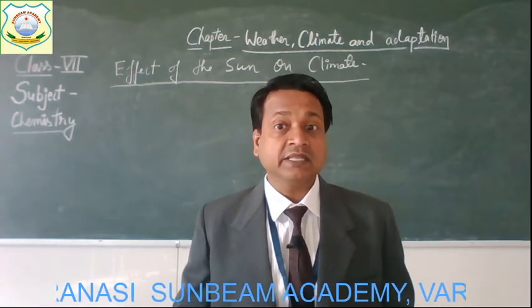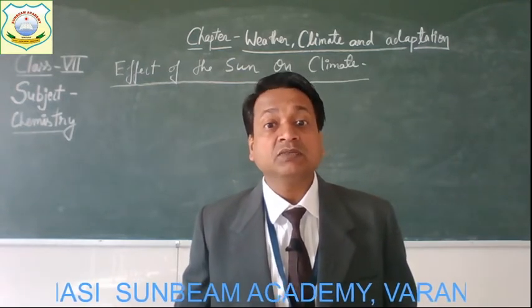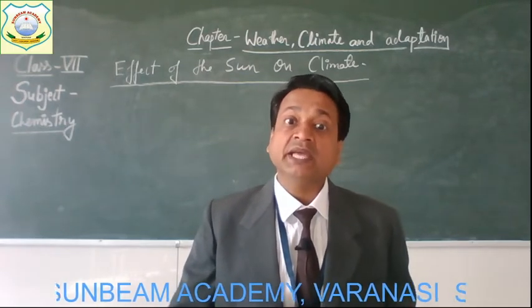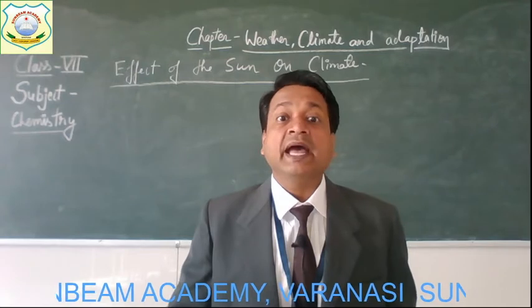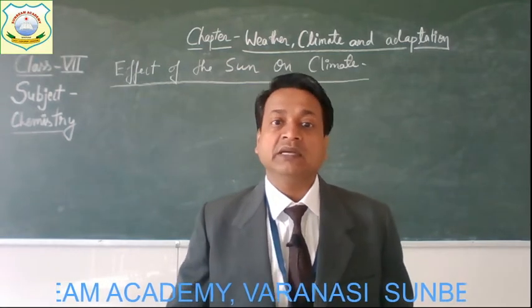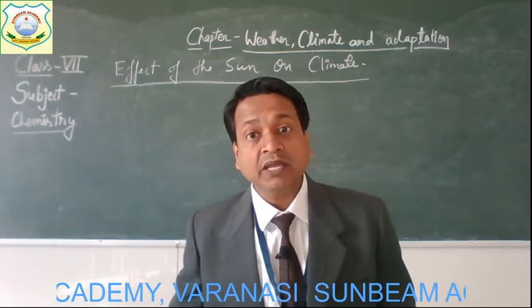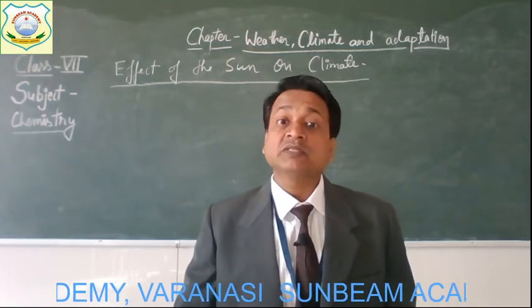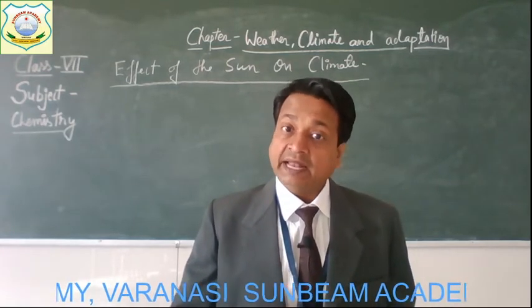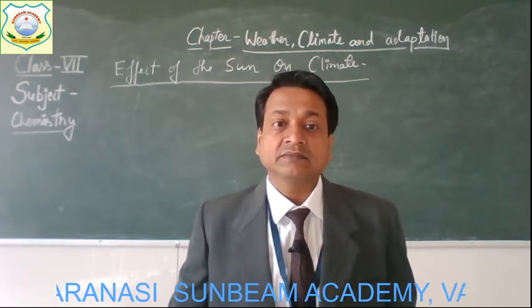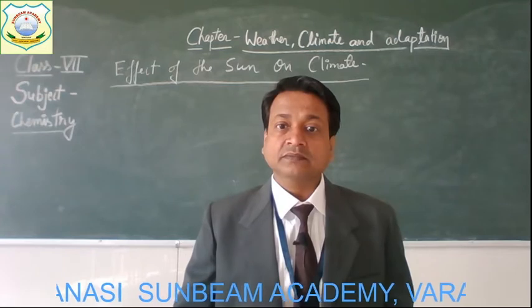So the places near the equator receive more sunlight, and that is why they heat up more and the days are longer here. And the places which are away from the equator receive less sunlight, and as a result the days are shorter. Got it, children?